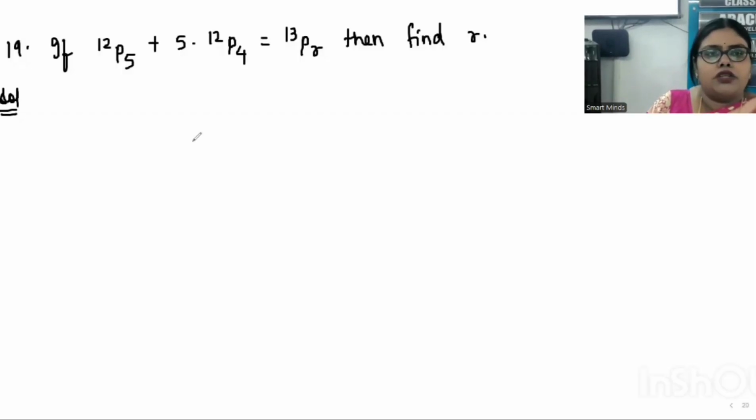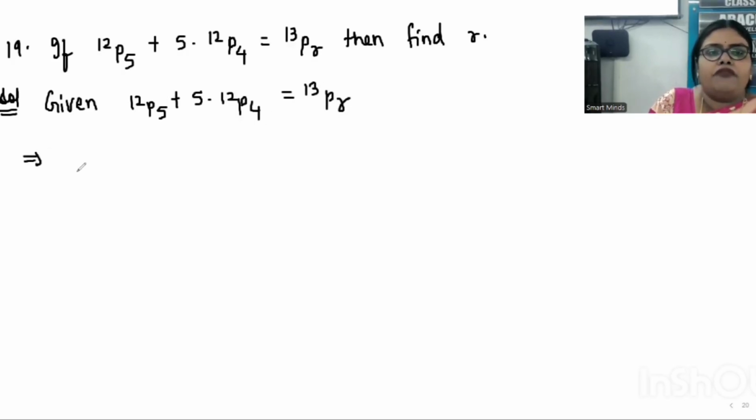Take the next question. This is also important, from permutation and combination. If 12P5 plus 5 into 12P4 equals 13Pr, then find r. So first let us write what is given to us: 12P5 plus 5 into 12P4 equals 13Pr. So how can we write 12P5?